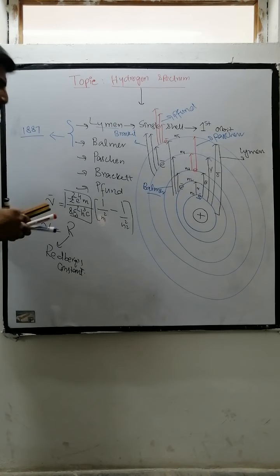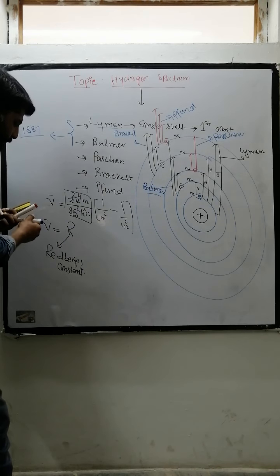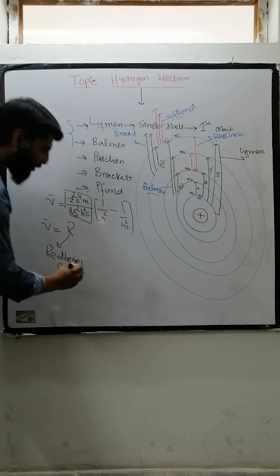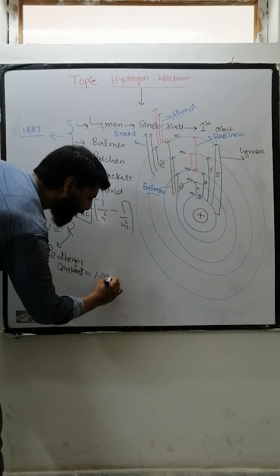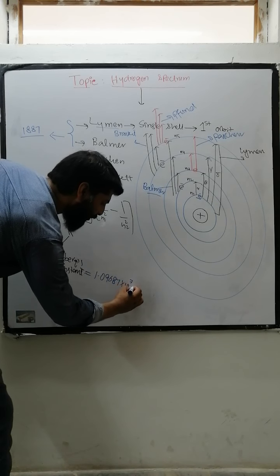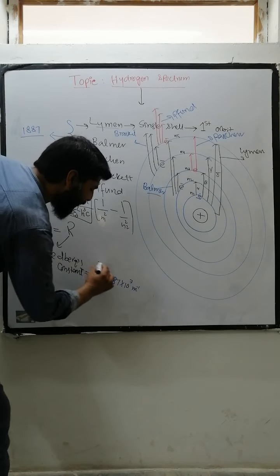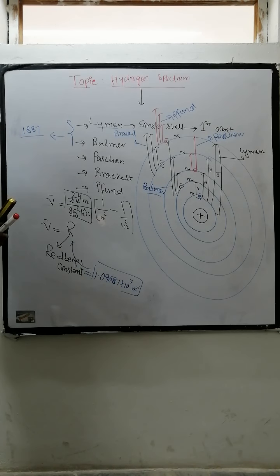Rydberg constant R is 1.09687 into 10 raised to the power 7 per meter. This is the value of Rydberg constant.